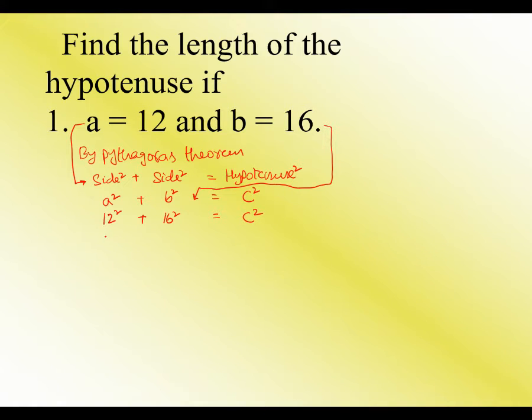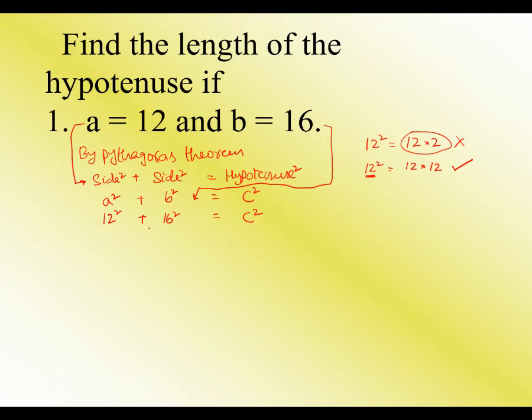So what is 12 square? It is 12 times 12. It is not 12 times 2. 12 square means 12 times 12, which means we are multiplying the same number with itself.